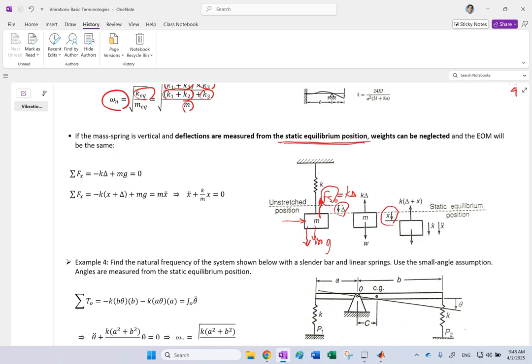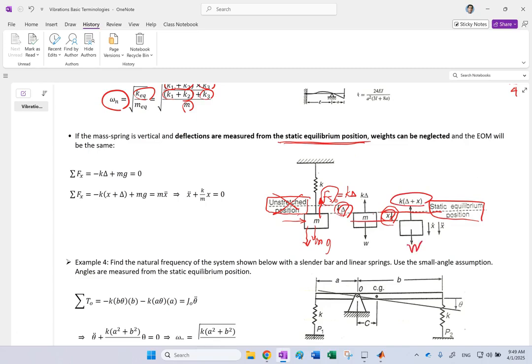So when you write your equation of motion for x, x is measured not from the unstretched position, but from the static equilibrium position, downward. So your total deflection at this point is really x plus delta. So the force of the spring when you're looking at this FBD is k times x plus delta.